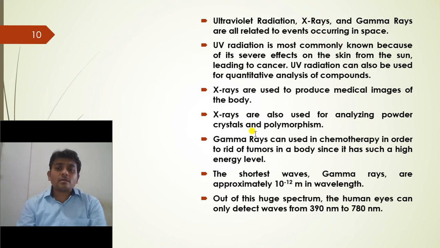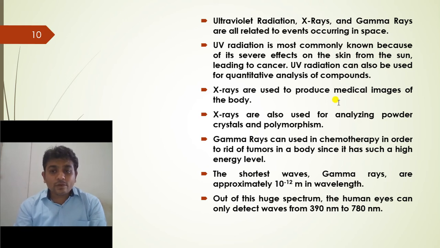Moving towards other radiations, that is, UV radiations, X-ray and gamma rays, these are all radiations which are related to the events that are occurring in space. Now, as all of you know, UV radiation is considered one of the most harmful radiations as it causes mutation. Genetic mutation is caused by UV radiations, and this is one of the most important factors which leads to cancer.